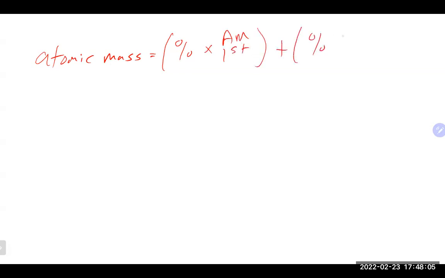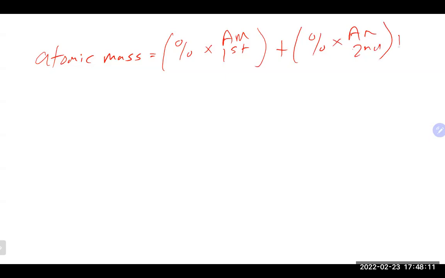So we talked about how to calculate the atomic mass. Basically, if you have multiple naturally occurring isotopes for a particular element, we take the percentage of the isotope times the atomic mass of the first isotope. Then we add it to the percentage of the next isotope times the atomic mass of that isotope.